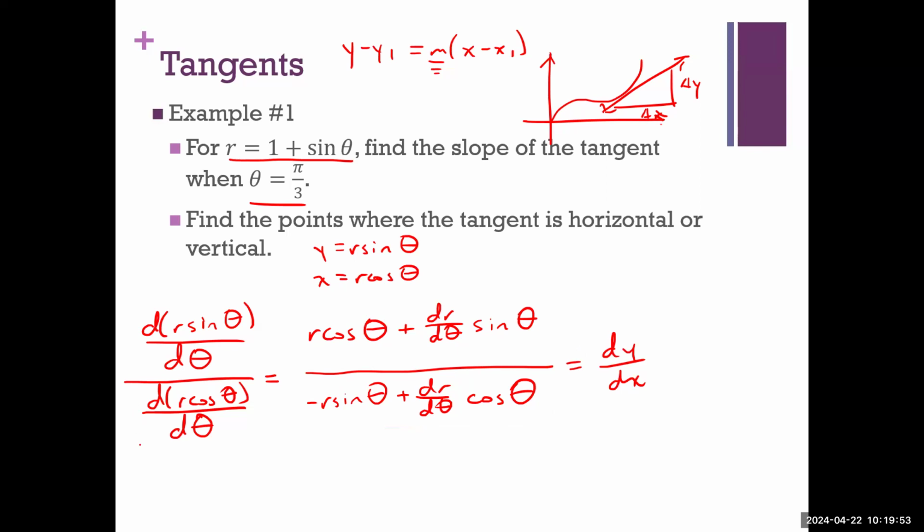So I've got r and dr d theta. What do I swap in for the r's? So 1 plus sine theta cosine theta plus, what is dr d theta? Why?